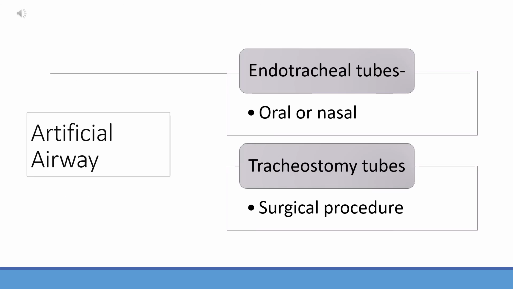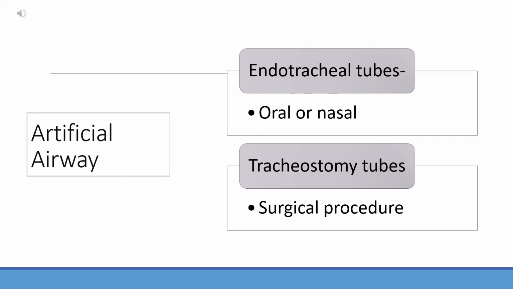We discussed a little bit about the endotracheal tubes, which can be placed through the mouth or through the nose, and the tracheostomy tube, which is a surgical procedure. But both of these routes are artificial ways used to maintain a patent airway and provide a means for secretion removal and provide ventilation and oxygenation.